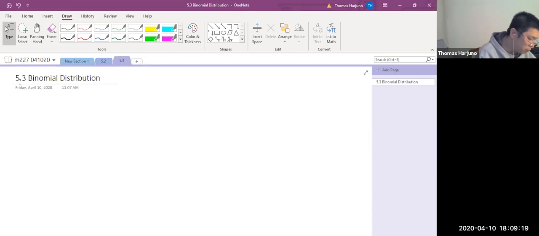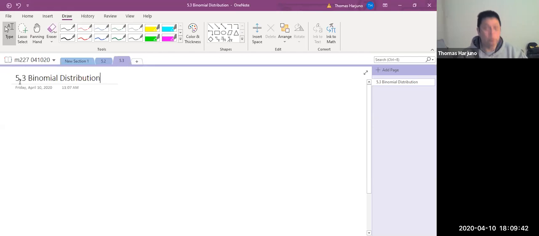Let's take a look first on the rules for binomial distribution. Now, in application of statistic probability especially, there are some distribution that appears quite often, and binomial distribution is actually one of them.